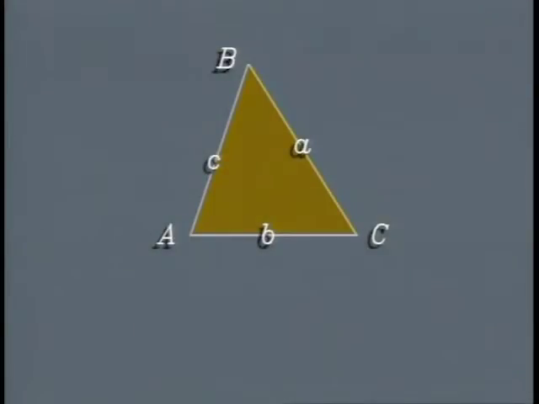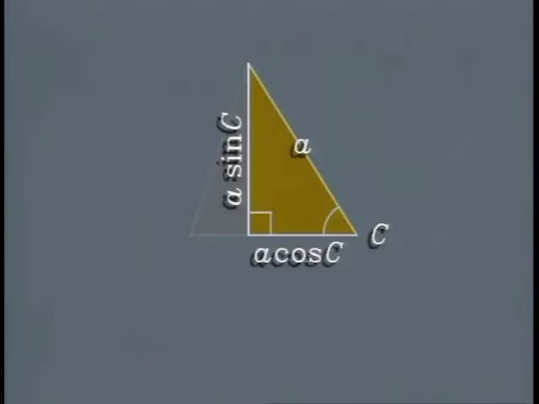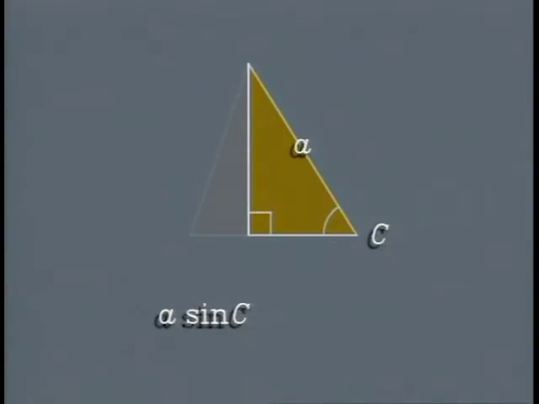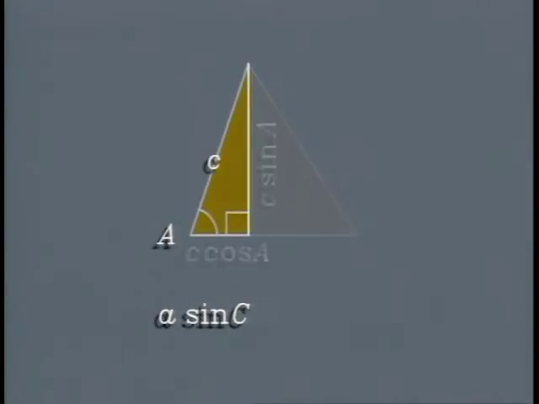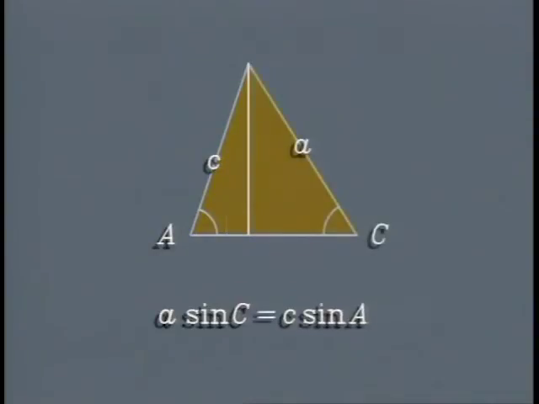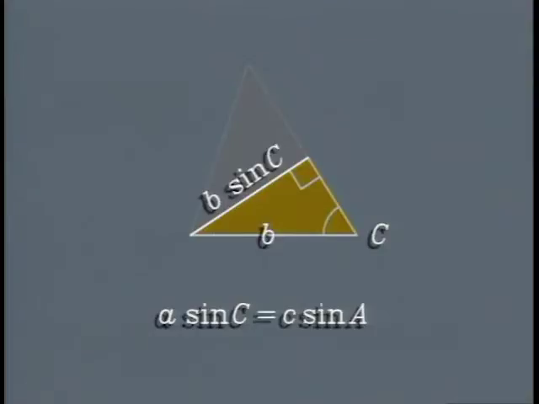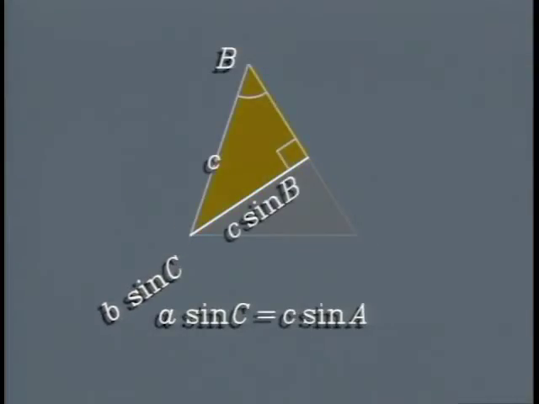We can discover the law of sines from one of the diagrams used earlier. Divide this triangle into two right triangles. In this right triangle, the altitude is A sine C, and in this one, it's C sine A. So A sine C equals C sine A. The same reasoning gives us two more equations.